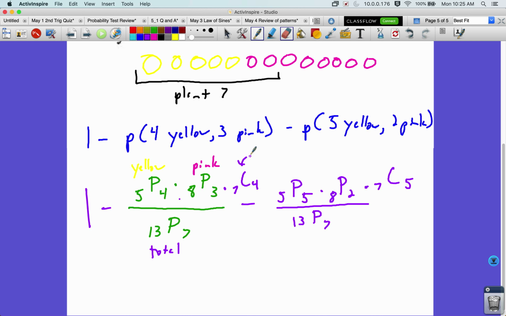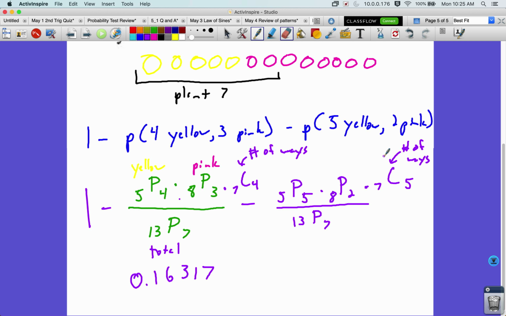So we use the number of ways. I thought that probably looked a little bit low, so we're going to multiply this by 7 choose 4, and I get 0.16317.